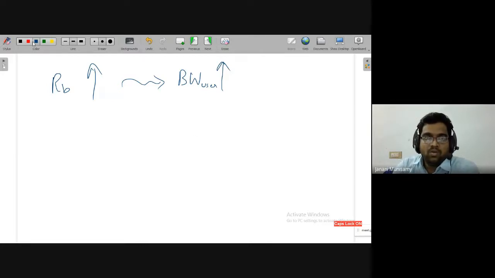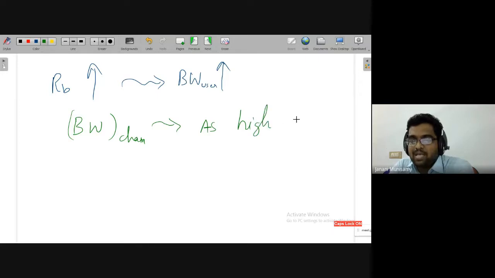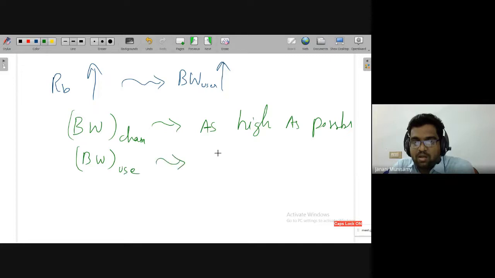Then you should also know another concept in general. The bandwidth of the channel must be as high as possible, and the bandwidth of the user must be as low as possible.